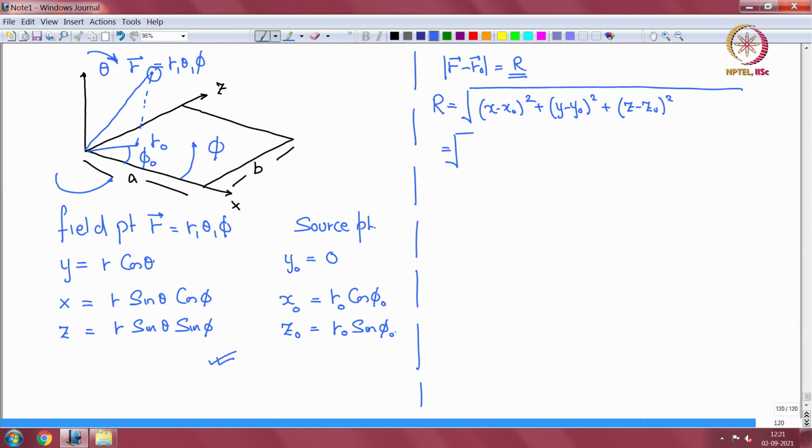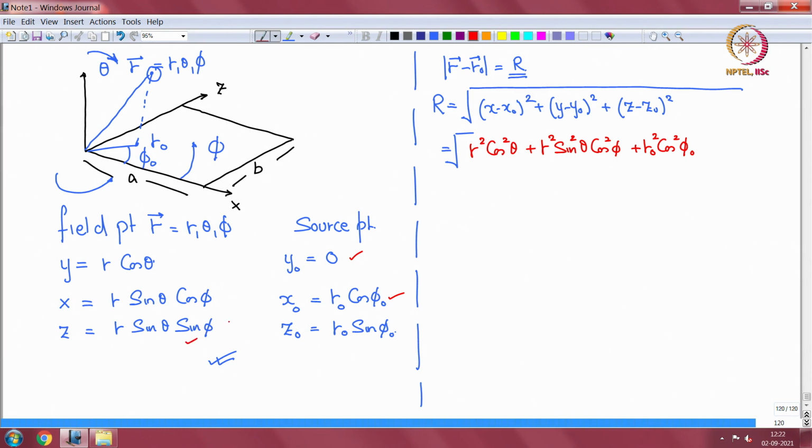From here r square cos square theta, plus r square sin square theta cos square phi, and plus r0 square cos square phi 0.